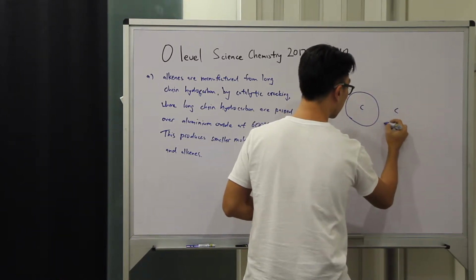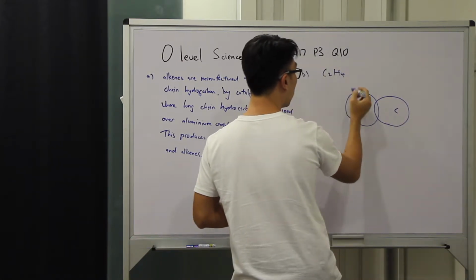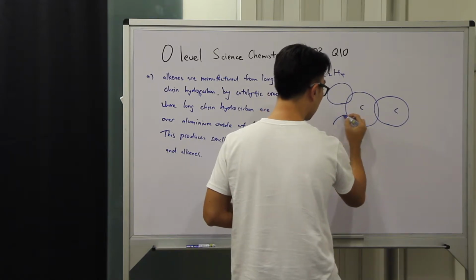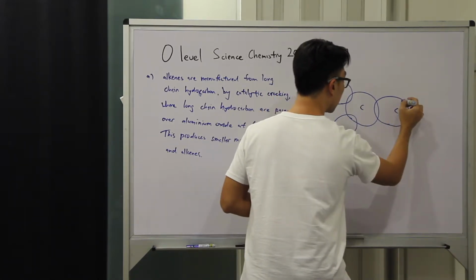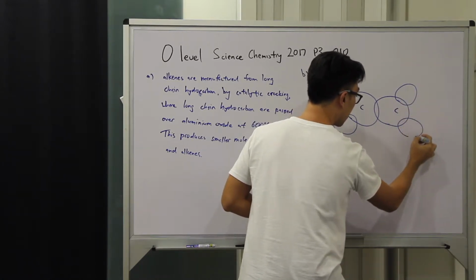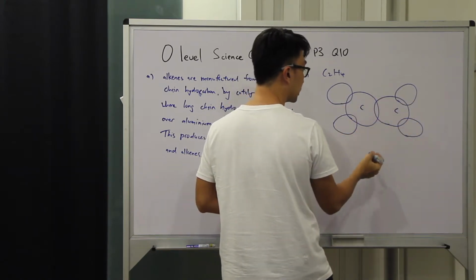And then there's 4 hydrogens. Because of the electron repulsion, we have to draw them as far apart as possible.